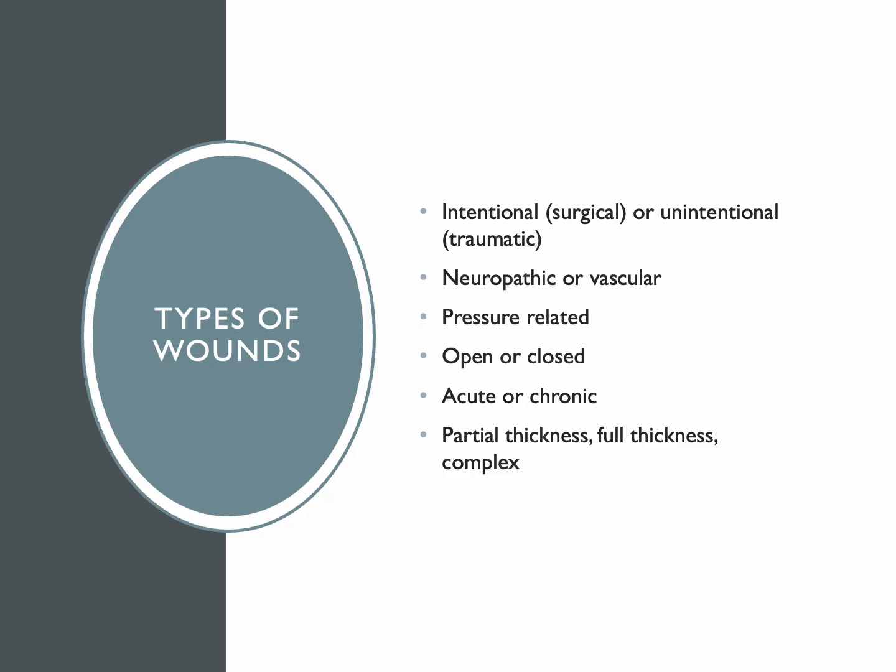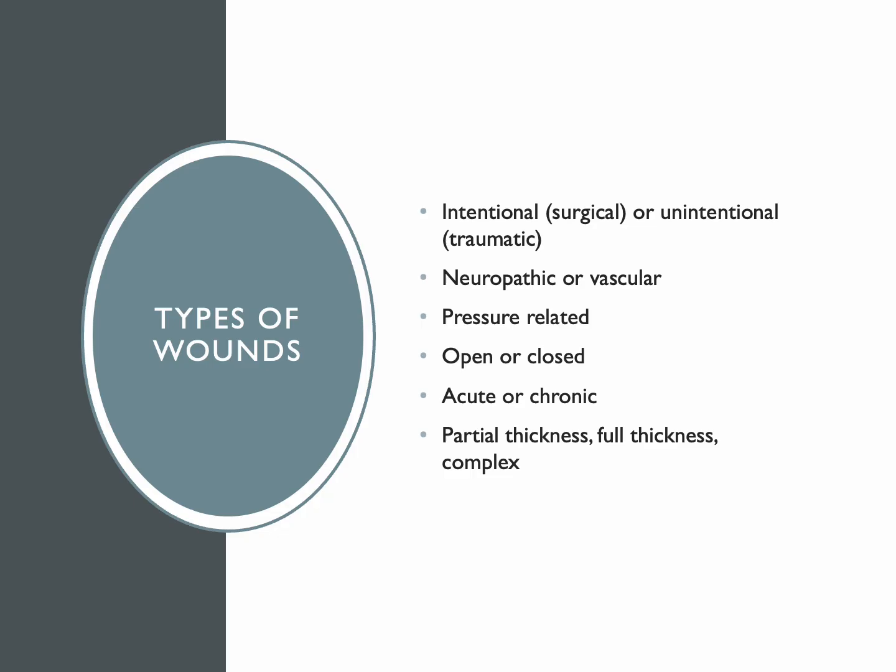And when you think about these wounds, think about an intentional wound that we did in a surgical setting with getting rid of as many microorganisms as possible and keeping everything clean, versus they were in a car accident and they went flying out of the car and they skidded on the highway with their bare skin. That is going to have a much higher risk of infection. It's already got bacteria in it. It's going to have rough edges.